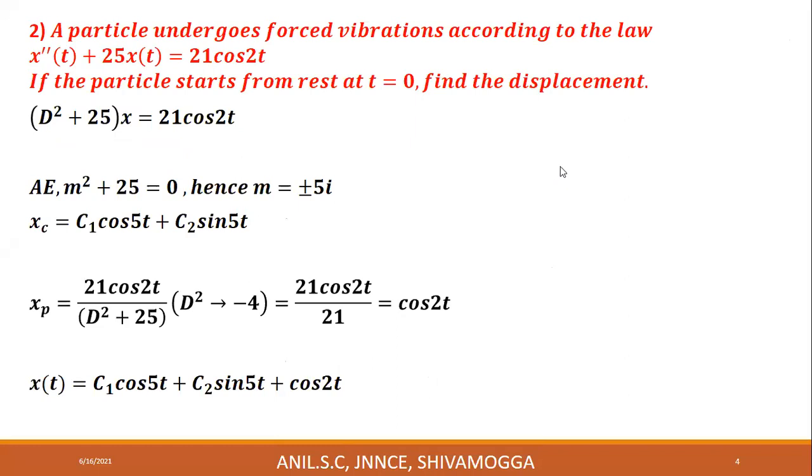Next one. A particle undergoes forced vibrations according to the law x double dash of t plus 25 x of t is equal to 21 cos 2t. If the particle starts from rest at t is equal to 0, find the displacement.